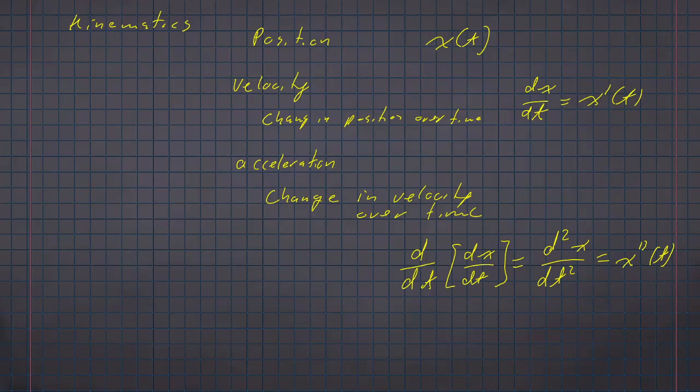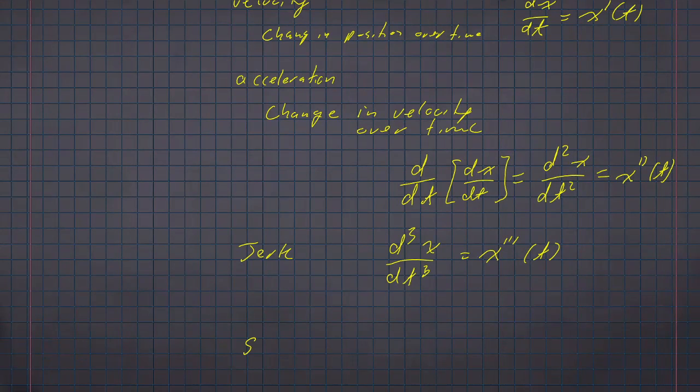We can keep going. The names really don't matter at this point. I'm not saying that they never come up, but in the study of kinematics, you very rarely see anyone discussing the jerk of a particle, which is change in acceleration over time. So that will be the third derivative, which we will write as x triple prime of t, and after jerk is snap, which would be the fourth derivative, d to the fourth x over dt to the fourth.